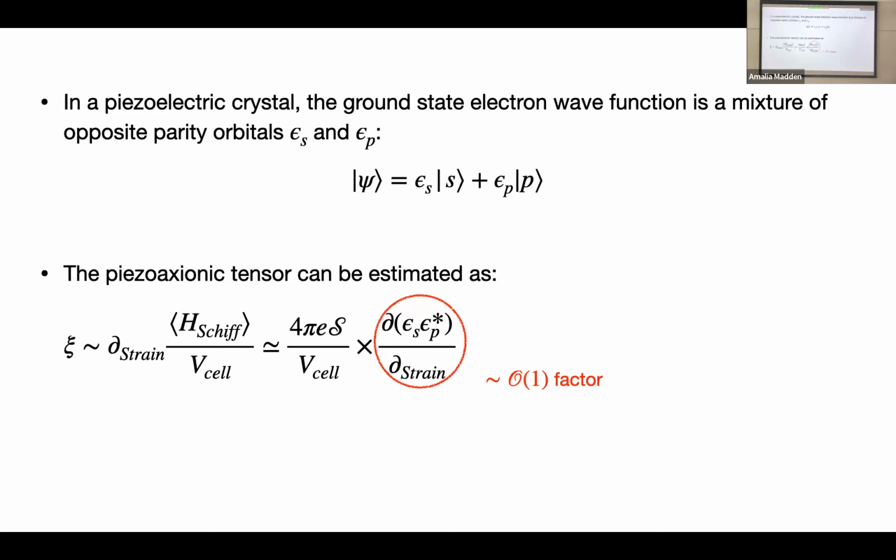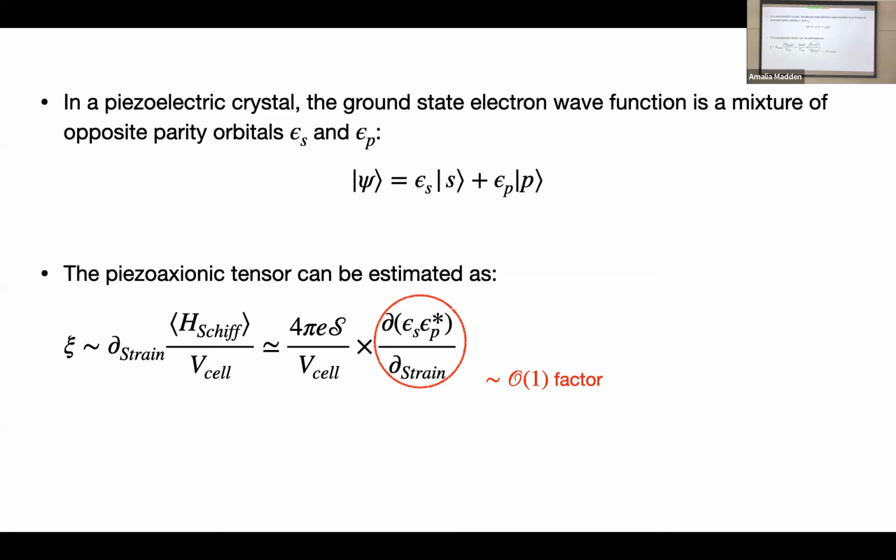So this factor here, we think from naive dimensional analysis that it should be of order 1. But I should be clear, this is something that we need to understand better. We had an attempt at understanding this ourselves using something called density functional theory, and it was beyond our capabilities as particle physicists to actually calculate this.